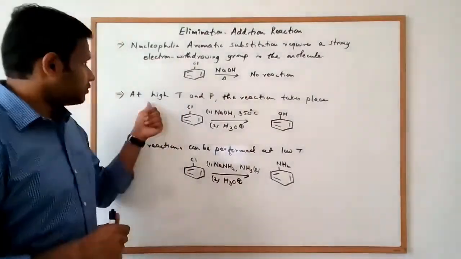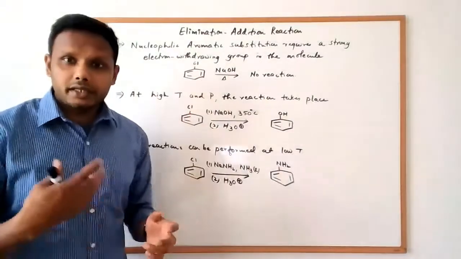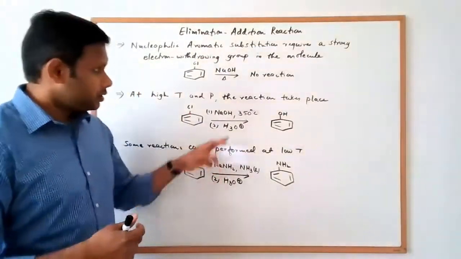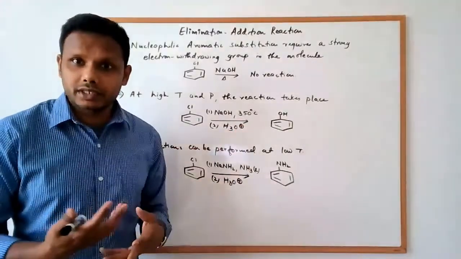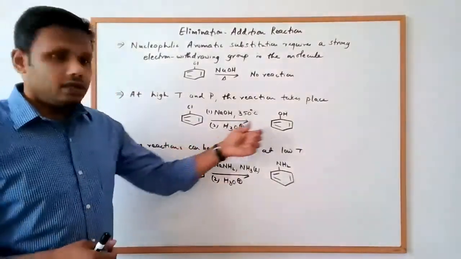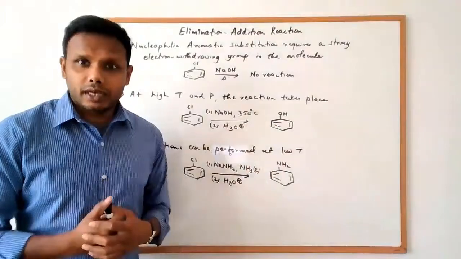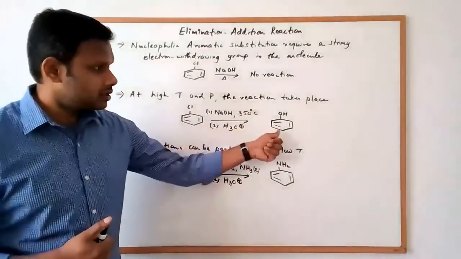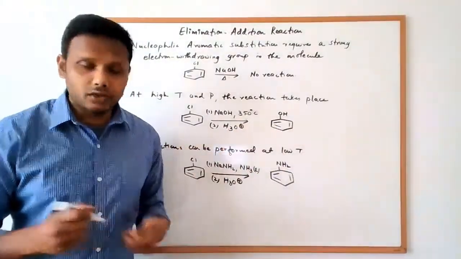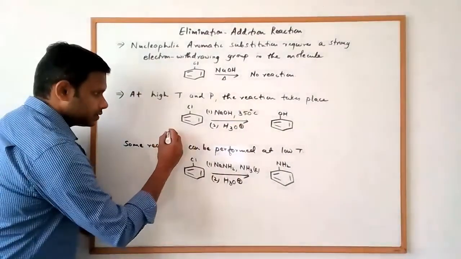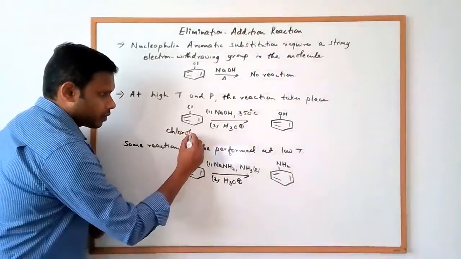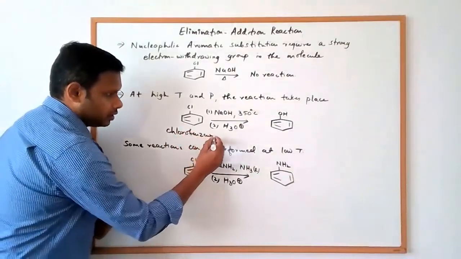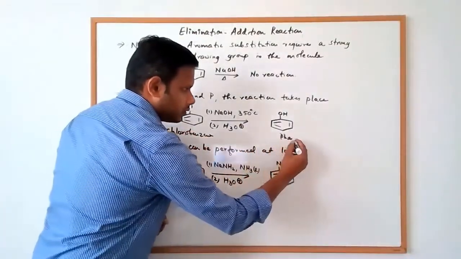But in fact, if we do this reaction at high temperatures and pressures, significantly higher, around 300 degrees Celsius or so, we do observe a reaction. The chlorobenzene is converted into phenol. So this is chlorobenzene, and our product is phenol.